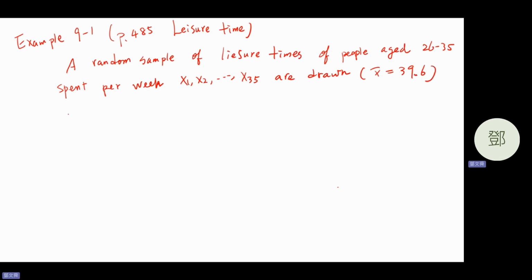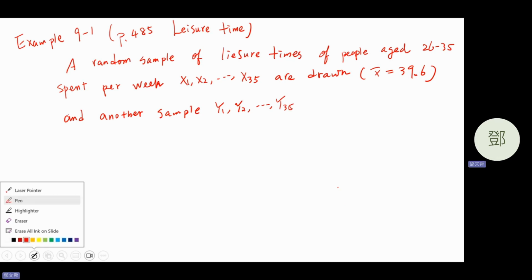Okay, and another sample Y1, Y2, all the way to also 35. This is a bad example. I don't like the example because they use the same sample size.